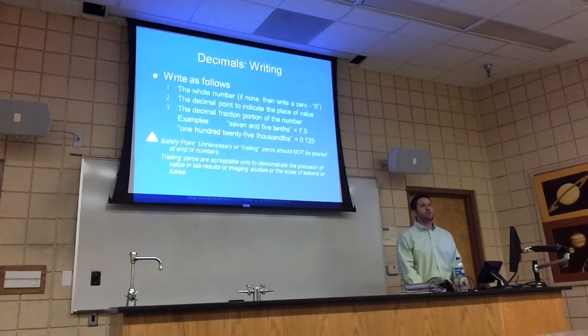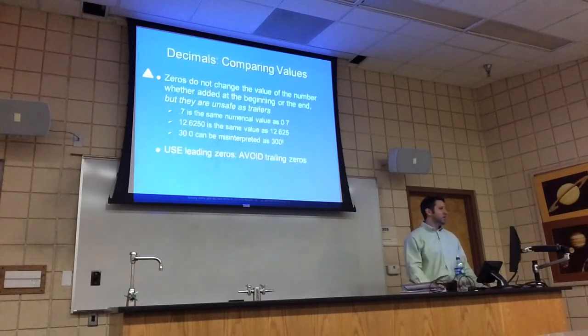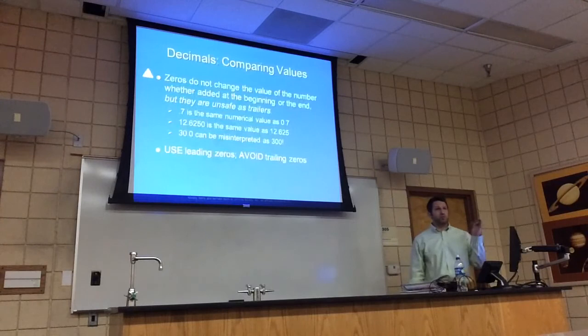So if you have an answer of 0.1250 after you do the math, then you drop the trailing 0. The leading 0 and the trailing zeros do not change the value, but if you make a legibility error and it's transcribed incorrectly, then a 0 in the wrong place can mean a big difference for the patient, right?